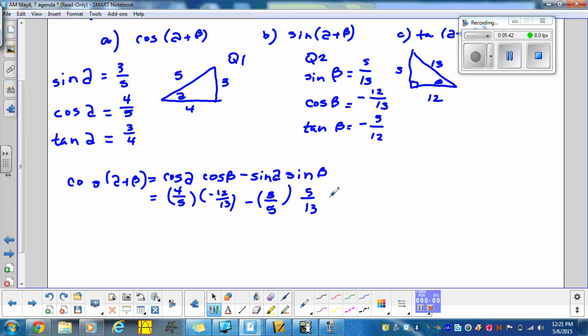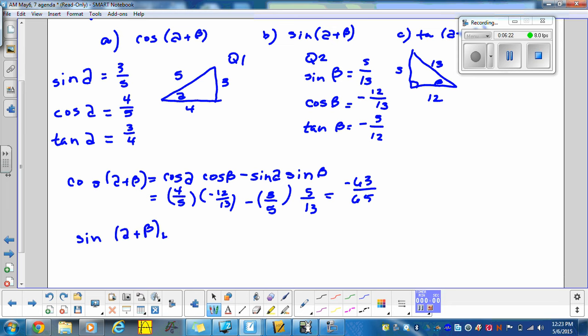So using your calculator, simplifying this, I get negative 63/65. I really just use the calculator to multiply those in the fraction bars. So negative 63/65.